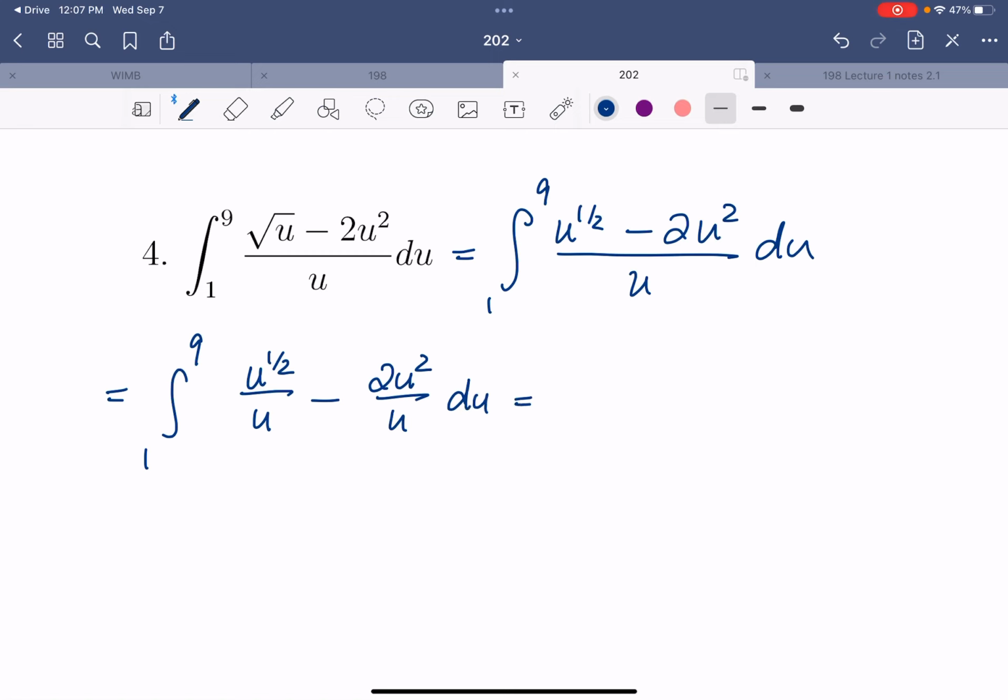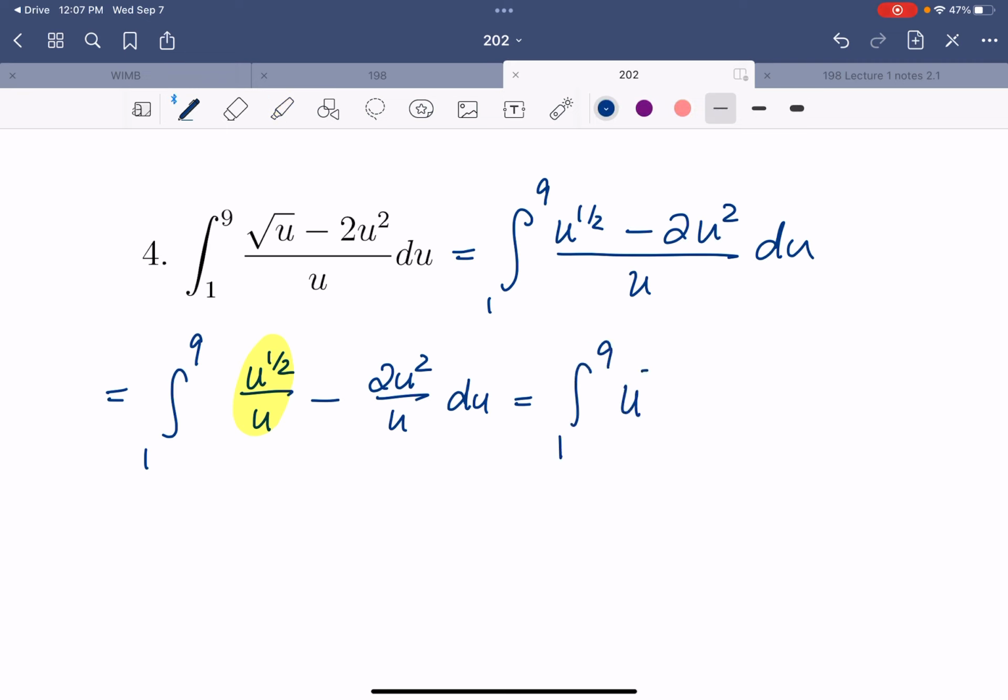From there, I'm going to simplify each part. That gives me the integral from 1 to 9 of u to the negative 1/2, because you subtract exponents when you're dividing. So 1/2 minus the 1 gives you negative 1/2. Minus, when you cancel the u's over here, that's 2u du.